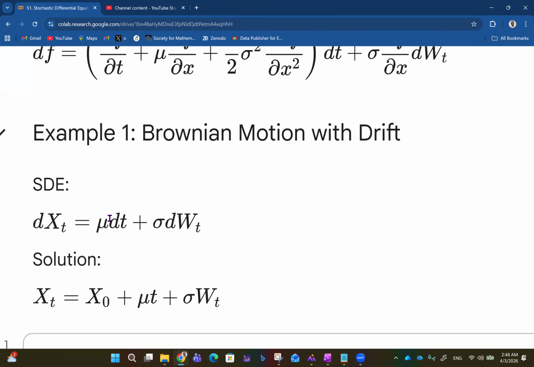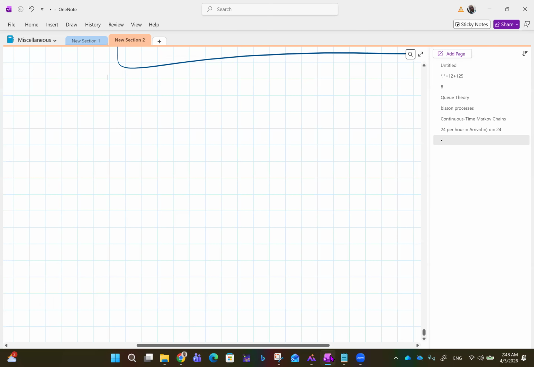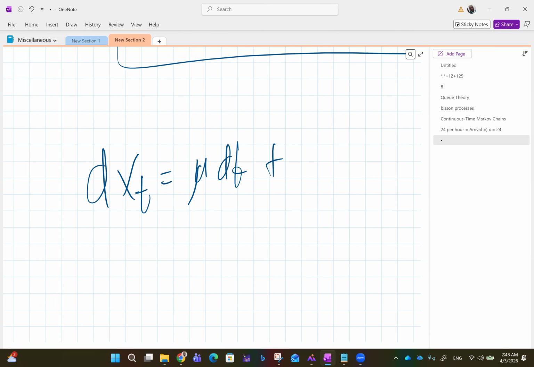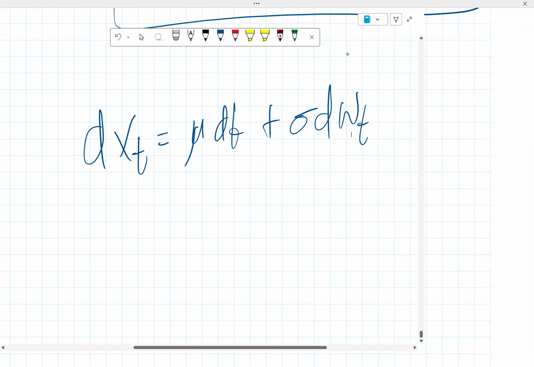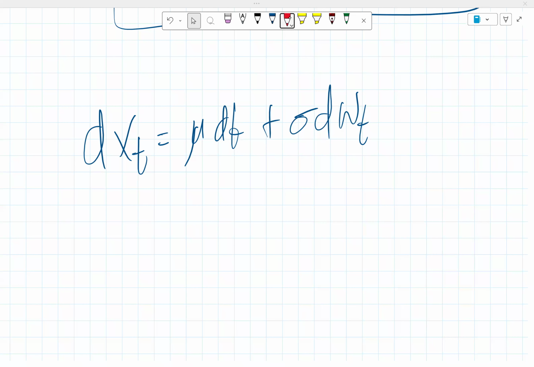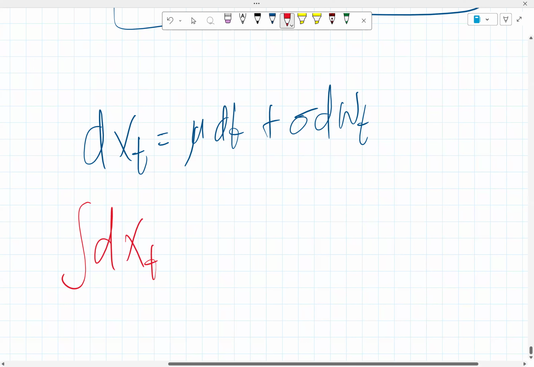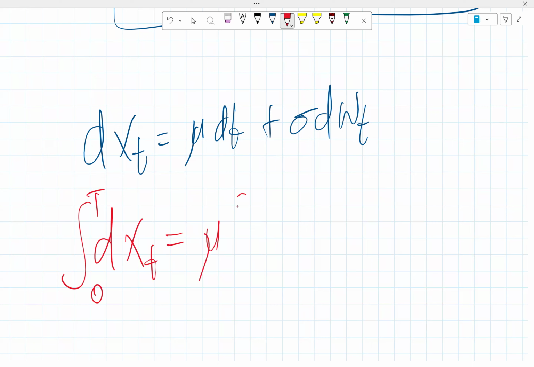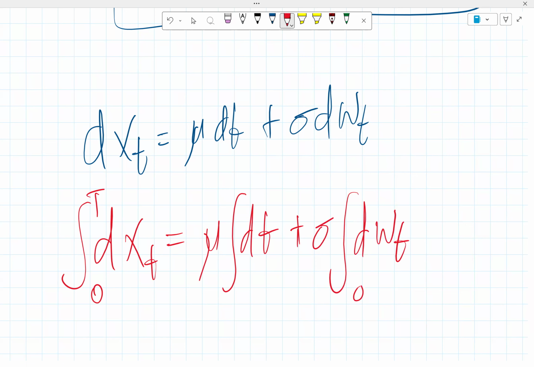Okay, well, I think I may even want to consider just playing with that, right? So you have dX_t = μ dt + σ dW_t. That's the kind of thing you have here. And since we learned in the previous video that it follows linearity, if you just integrate, you have the integral of dX_t from 0 to t equal to μ times the integral of dt, of course, μ is constant, plus σ times the integral of dW_t from 0 to t.